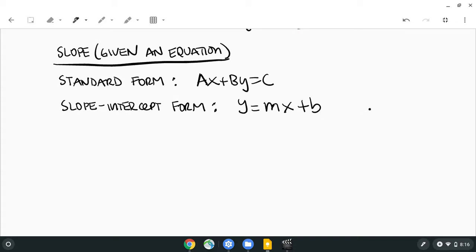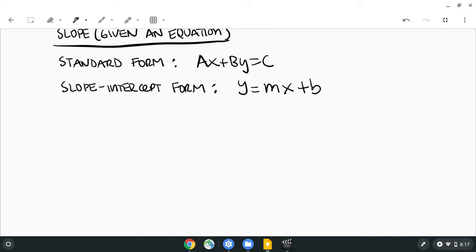Okay. All right, so this form right here, slope-intercept form, this is the one we're going to be using to determine what the slope is, because when it's written in slope-intercept form, okay, it's called that for a reason, because right here, this m, this number next to x, is your slope, and this number b is going to be your y-intercept.